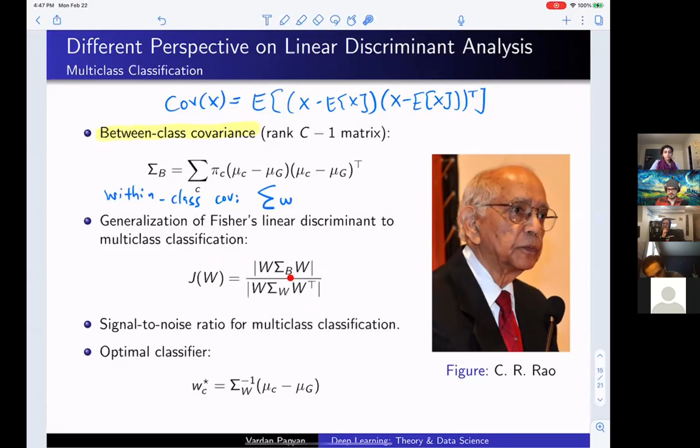You take the between class covariance, you multiply it by W on the left and on the right, and you take the within class covariance, you multiply it by W on the left and on the right, and in both cases, you calculate the determinant and then calculate the ratio. So it's a ratio of determinants. Does anyone see why this is extremely intuitive? Why is this a correct quantity to be calculating? Why would Rao think of this?